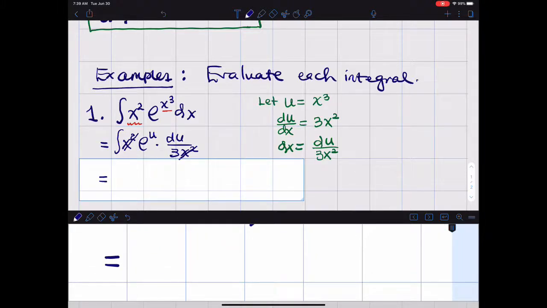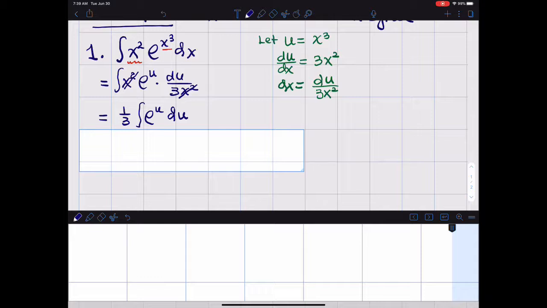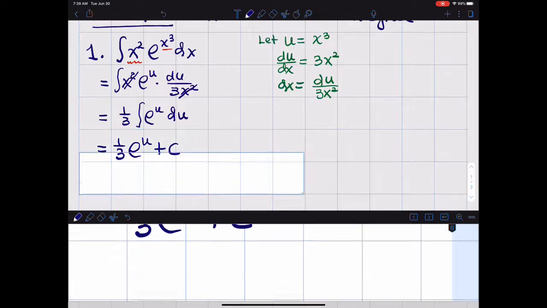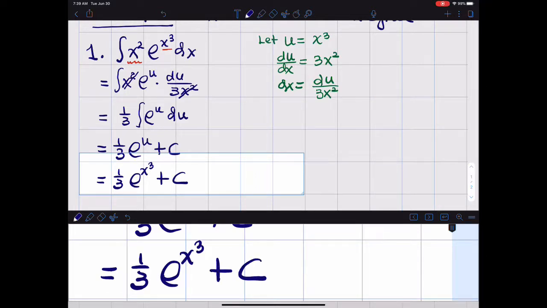And then we can bring out 1/3, and we're left with e to the u du. The integral of e to the u is just e to the u. So this is 1/3 e to the u plus c. But then u is x cubed, so this is 1/3 e to the x cubed plus c. All right.